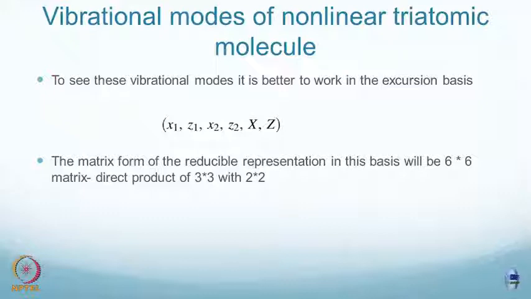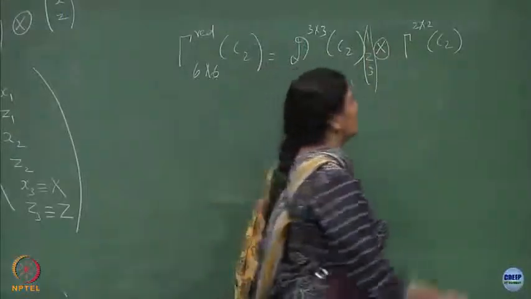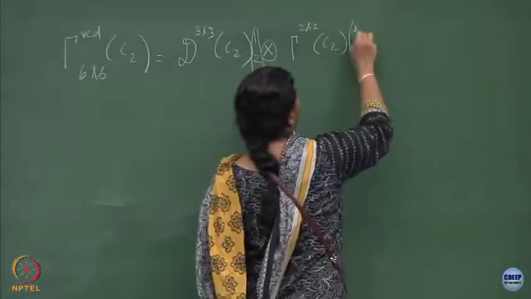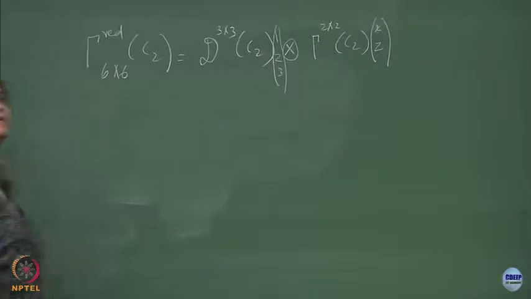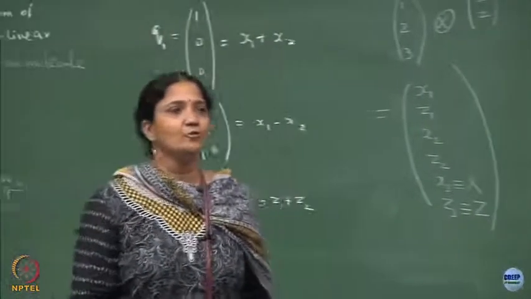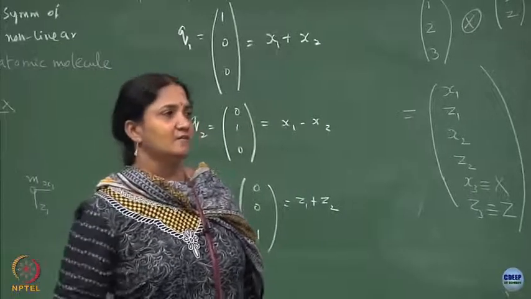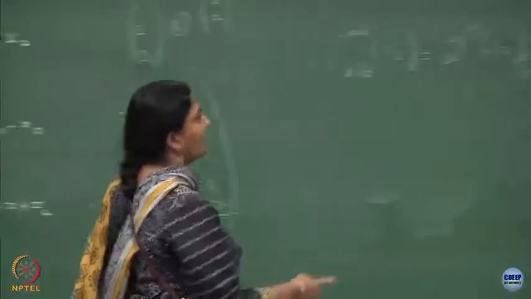It will act on 1, 2, 3. This will act on X, Z. Are you all with me? And I am doing C2 in the Z axis. So what will this matrix be?